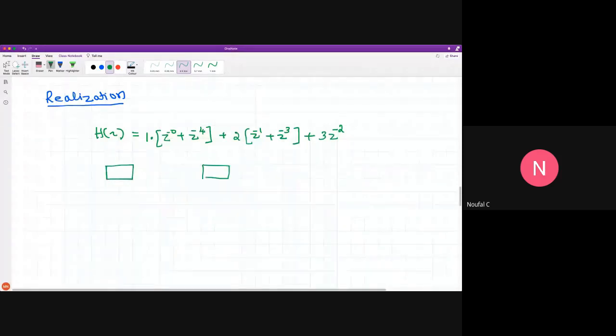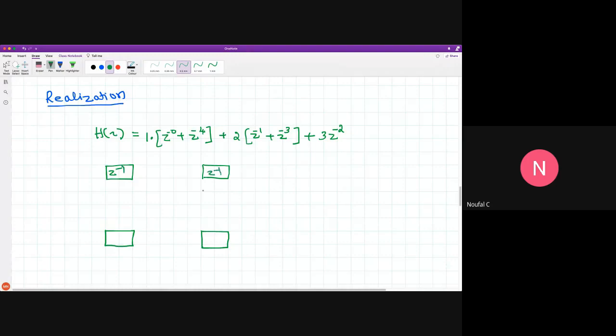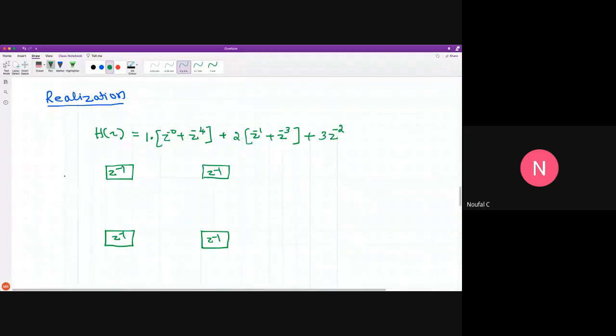So let me draw it symmetrically like this. Okay. So you have z raised to -1, z raised to -1, z raised to -1, and z raised to -1. Okay. Then what should I do as the next step? Anyone? Or what are the terms that need to be added?